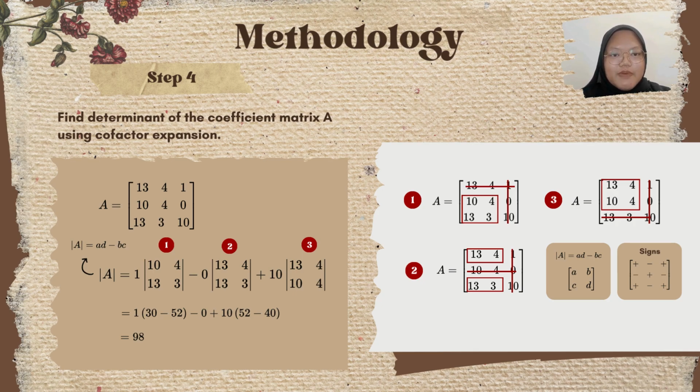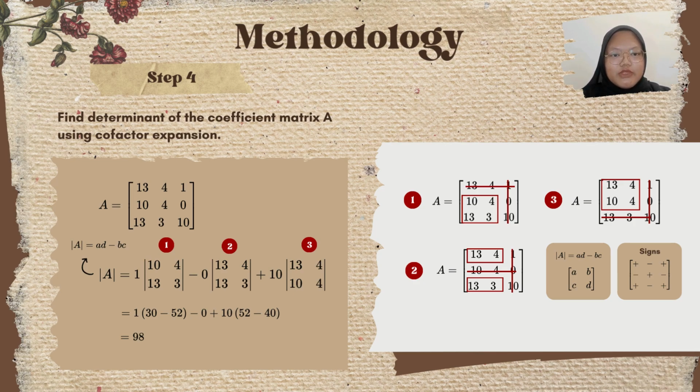Number 2, apply the same method as number 1, but since it's a zero value, whatever number multiplies with 0, you still get 0. Then you can simply put 0 without the determinant. Lastly, number 3 still applies the same method as number 1 by crossing out the value 10 by intersection, which is the third row and third column. Then we get the numbers in the square shape, which are 13, 4, 10, and 4.